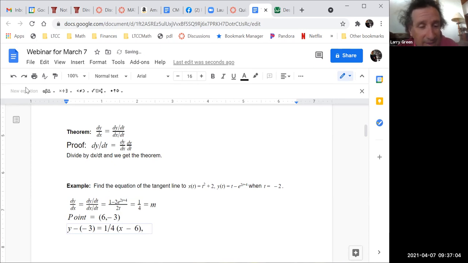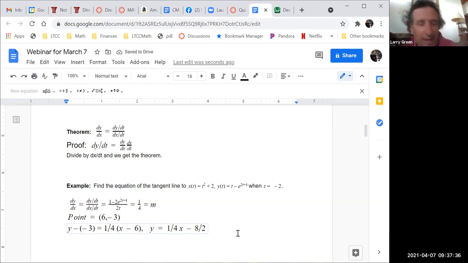And then just working out a little bit of fraction arithmetic, you get y equals 1/4 x. And then we have a y plus 3, need to subtract 3. We have negative 6/4, which is negative 3/2. So negative 3/2 minus 3 is negative 9/2, if I did it in my head all right.